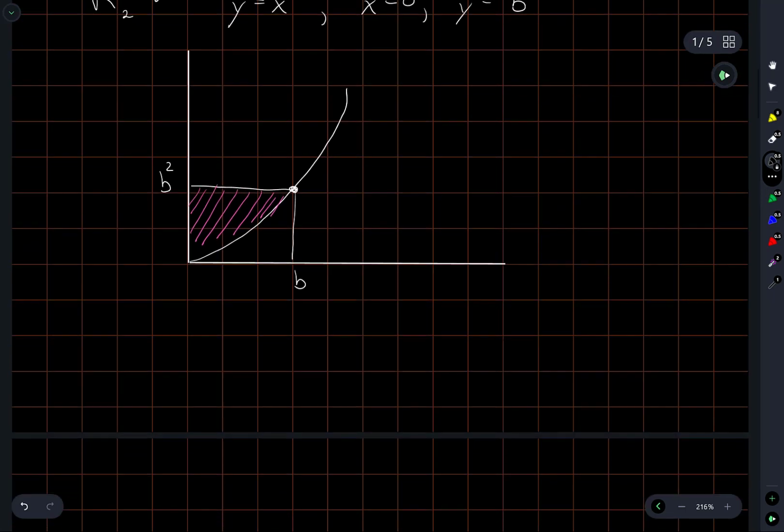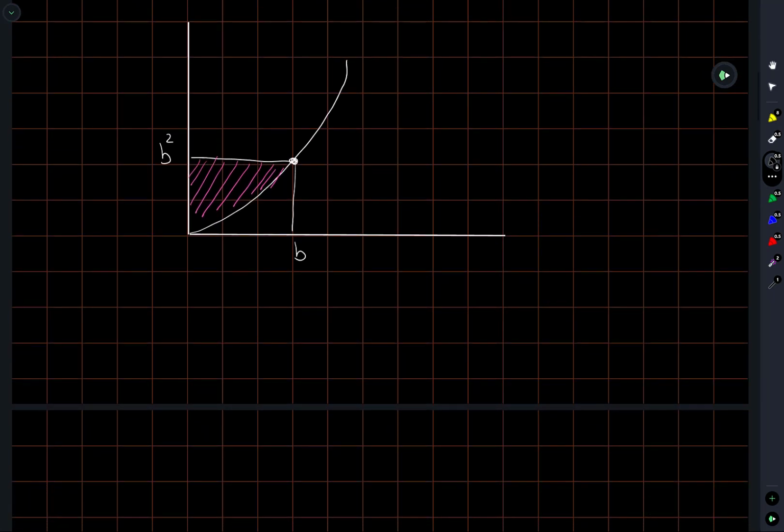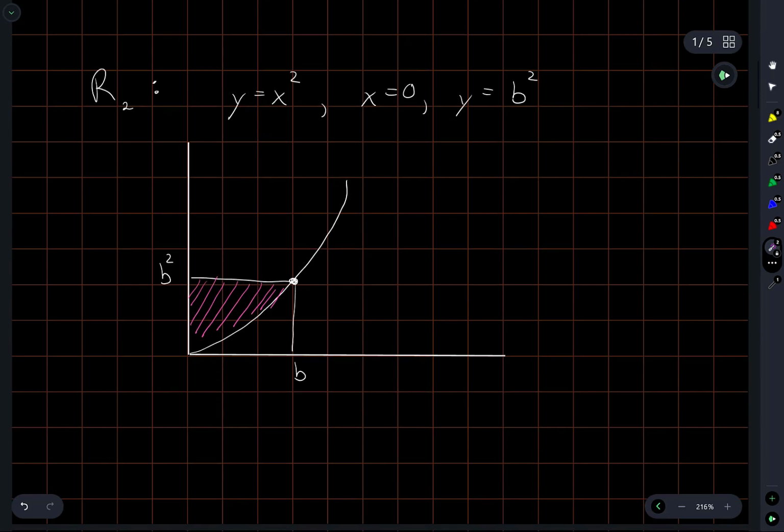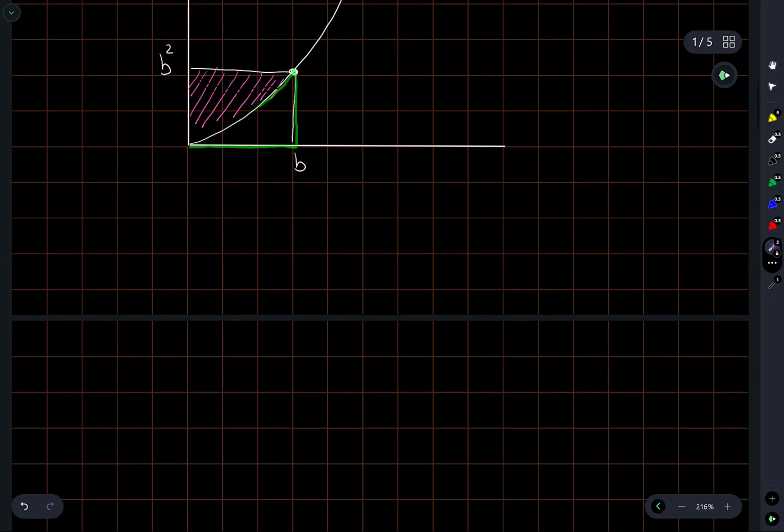I think the easiest way to compute the area of that region is to think of this rectangle. Notice, if you look at the two figures here, this region here is R1. So R1 and R2 together form a rectangle.